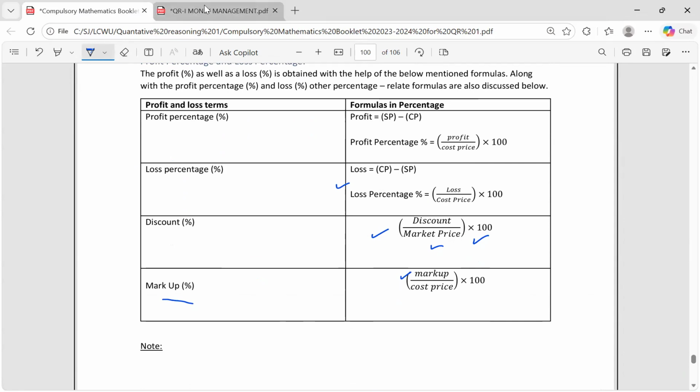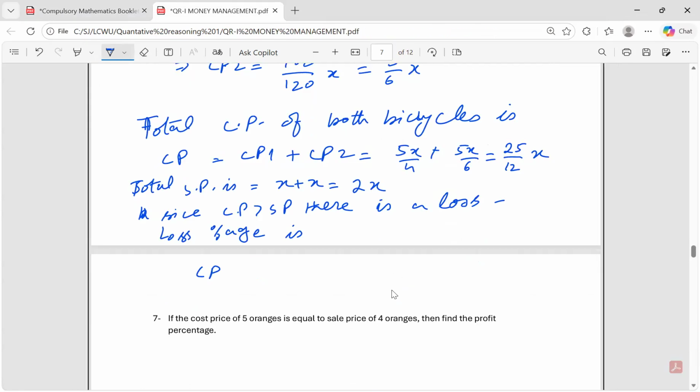So the loss value is equal to cost price minus sale price. If you take the difference of these two, this will be 25 by 12 x minus 2x. If you take their LCM, you will have this equal to 1 by 12 x.